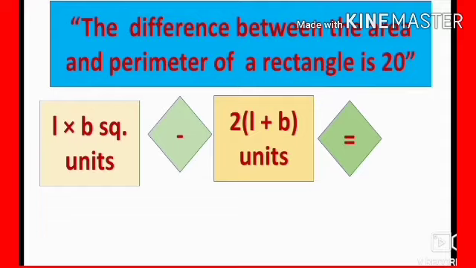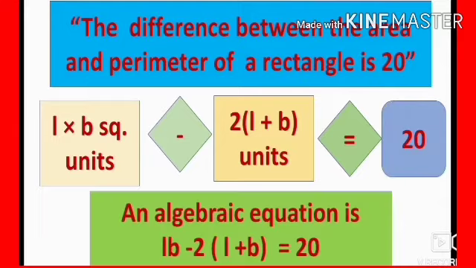The difference between the area and perimeter of a rectangle is equal to 20. Thus, we get the algebraic equation LB minus 2 into (L plus B) is equal to 20.